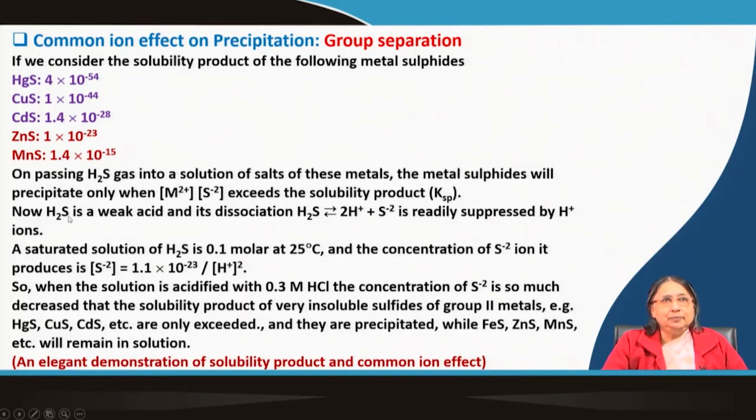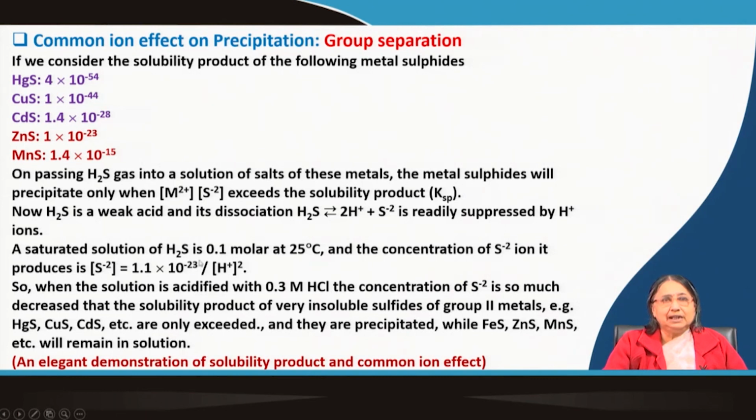Now, in case of H2S, if we consider this equation, then we will see that a saturated solution of H2S is 0.1 molar at 25 degrees centigrade, and the concentration of sulphide ion it produces can be written in this way.